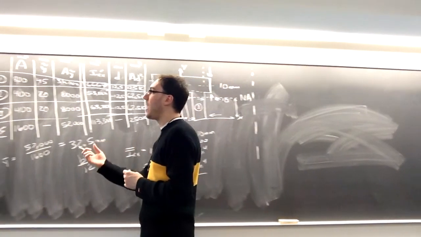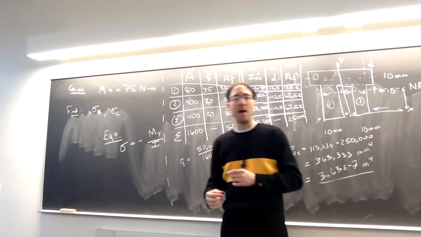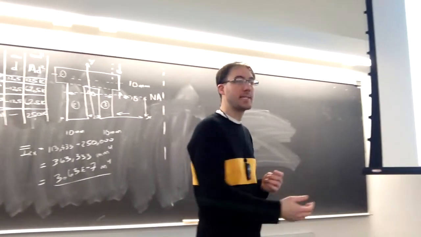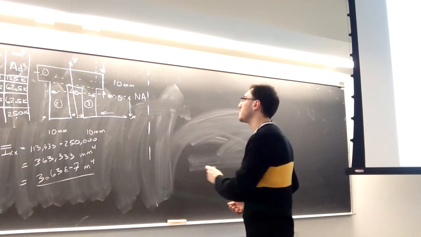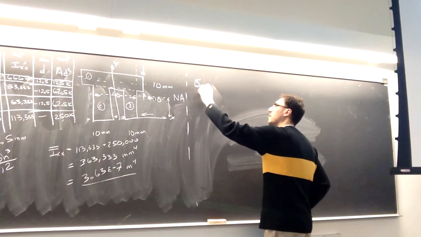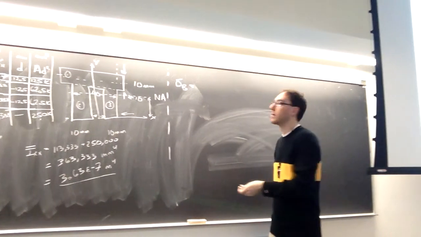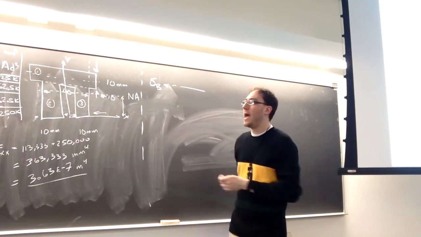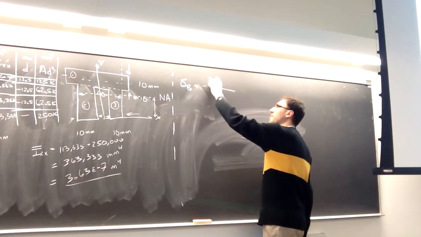All right, we have the value of I. We were given the value of M. So now we can go about finding the normal stress at points C and B. Let's start with point B. So negative, M is a positive value, 75 Newton meters.